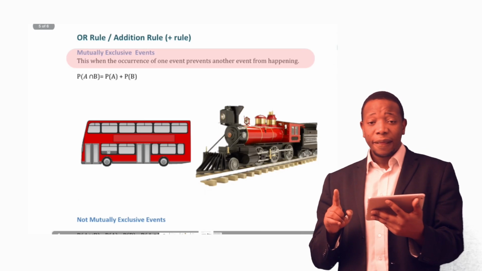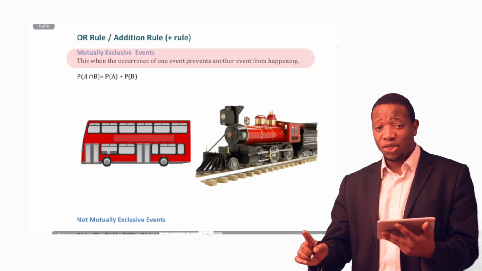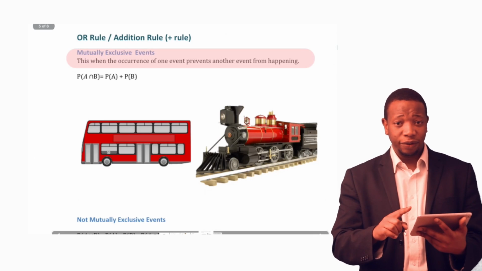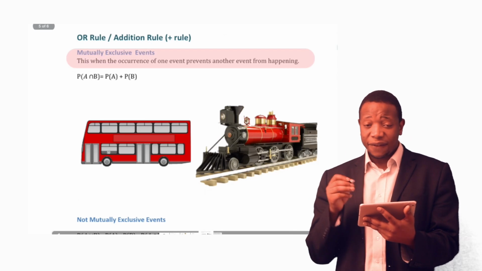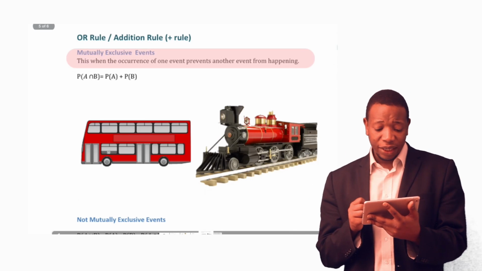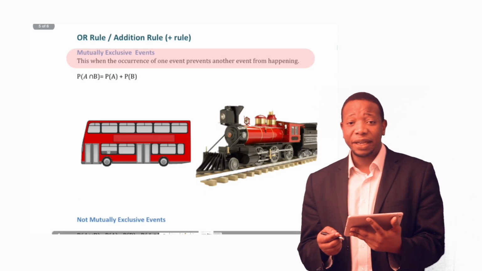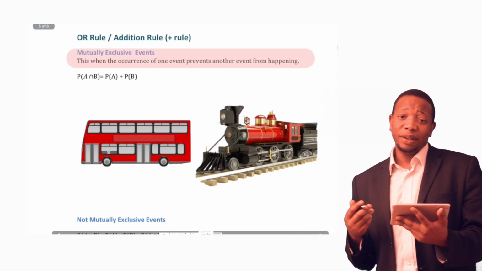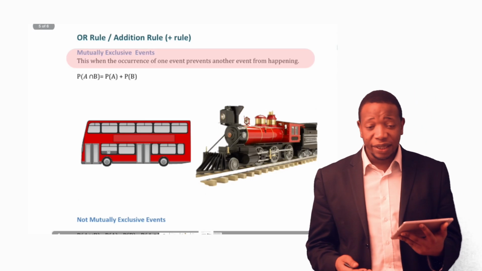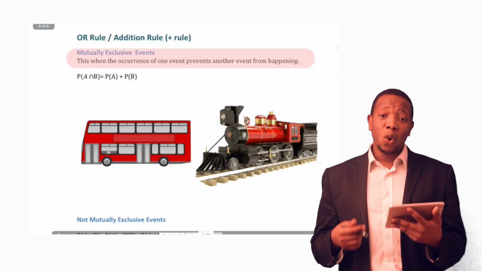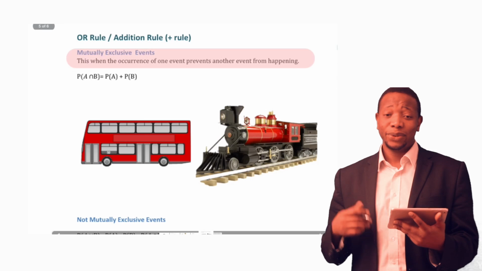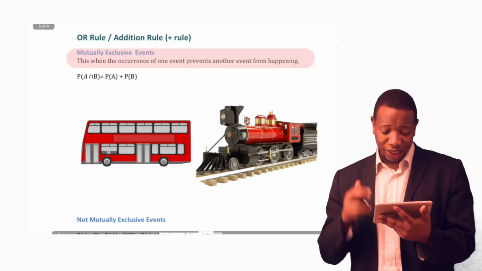So those are mutually exclusive. The moment you get on the train, you stop yourself from going on the bus. And if you're looking at that, you'd be looking at the probability of A plus B. The question could ask you, what is the probability that you get the bus or the train to town? So you're looking at those two and you're adding them together.